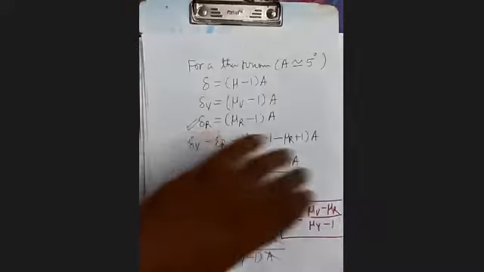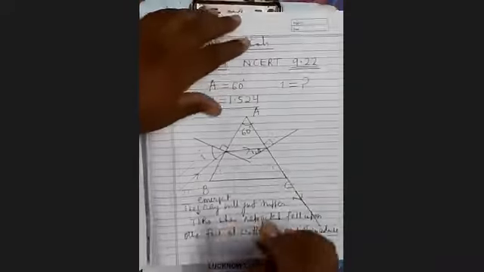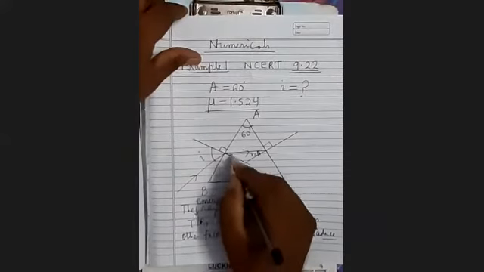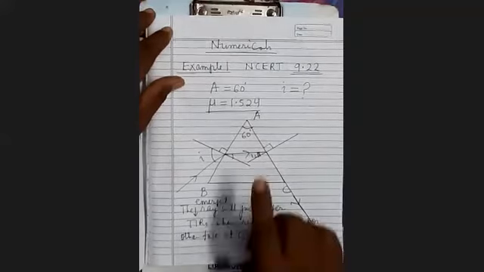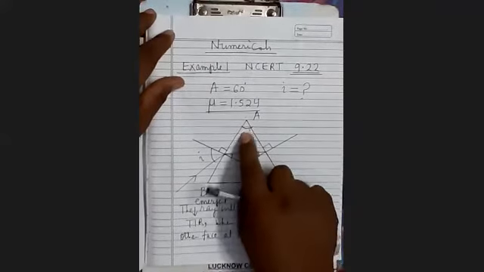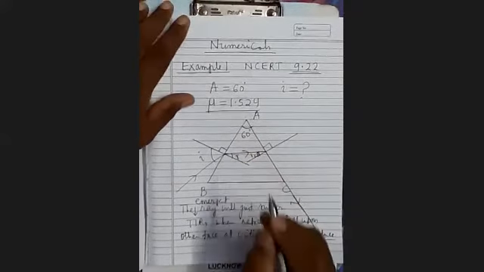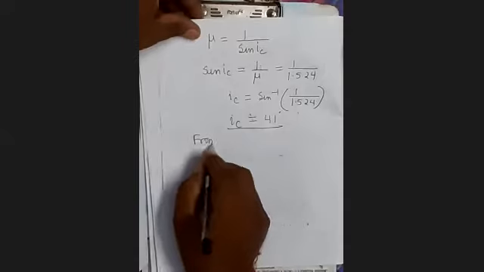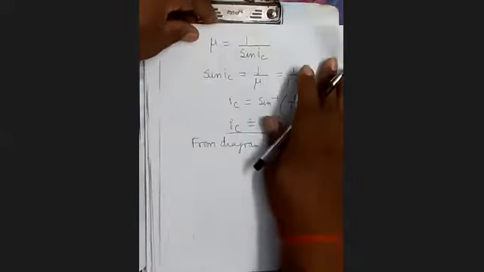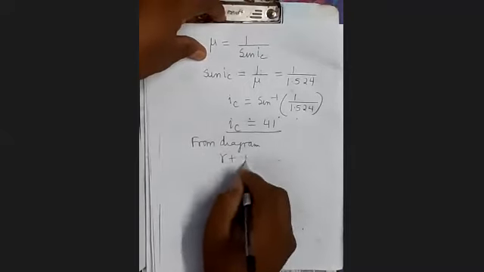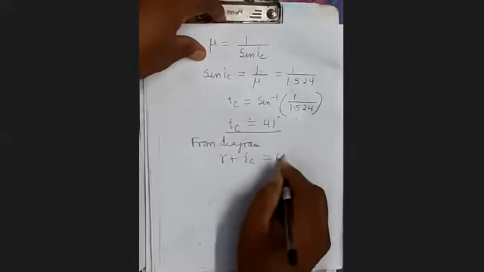Now see here, from here you know that the sum of this angle and this angle is equal to the angle of prism. This is R, so from diagram, R plus IC equals 60 degree.